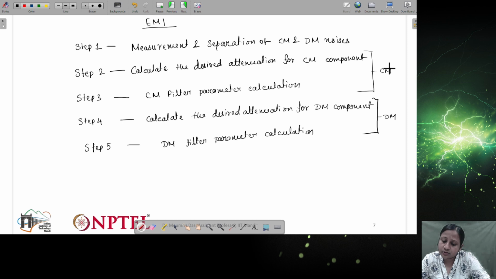Okay, fine. First, we have to find out CM and DM noises. That you also know from the circuit. But how do we measure these noises? So this is the first step.